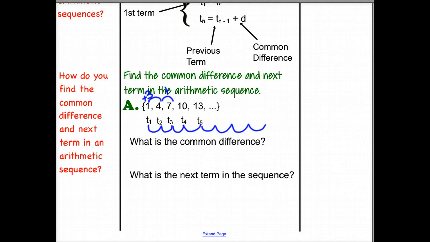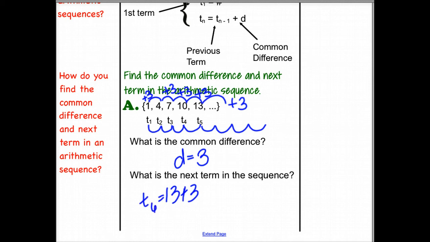From 4 to 7 is also plus 3, 7 to 10 plus 3, 10 to 13 plus 3, which means my common difference, or d, is 3. Then for the next term, I'm going to add 3. 13 plus 3 gives us t sub 6, which is equal to 16.